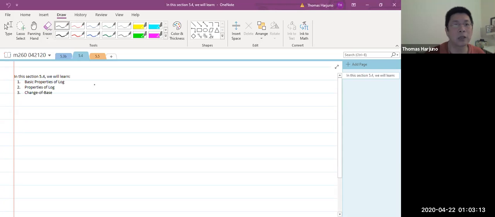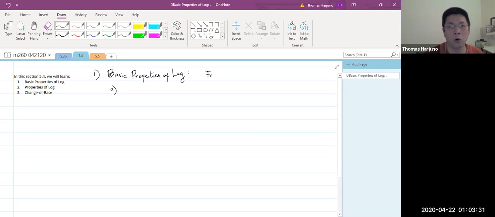Okay, let's start with the basic properties of log. The first one, I think I need to say for the base to be positive and not equal to 1.